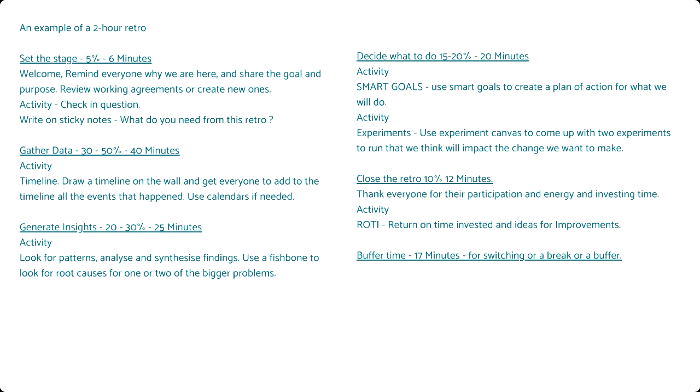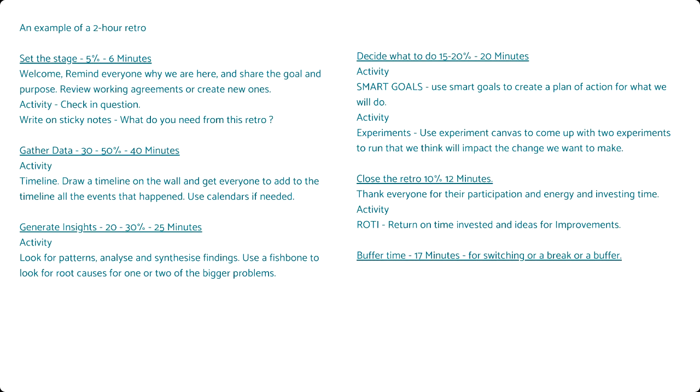All right. So, I like to plan with a little bit of a buffer, because you never know what's going to happen. So having a buffer of 5, 10, 15 minutes, whatever it is, is helpful, because then you've got room to maneuver. So then you can invest that extra time in the generating insights, or whatever you need a little bit more time in. In the past, I've made the mistake of creating wonderful, exciting, and sometimes fun things to do in the set the stage.